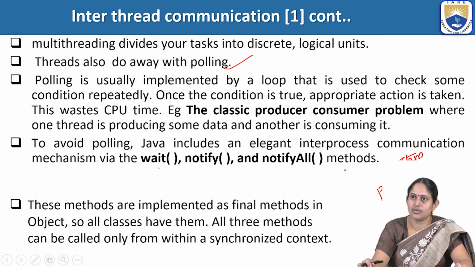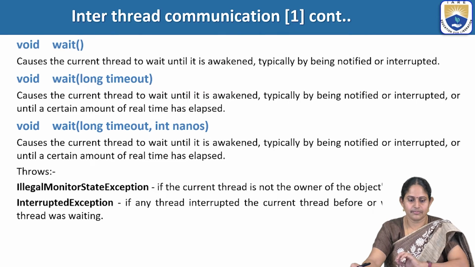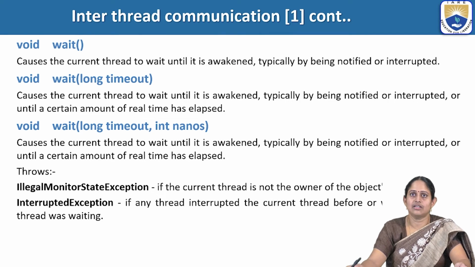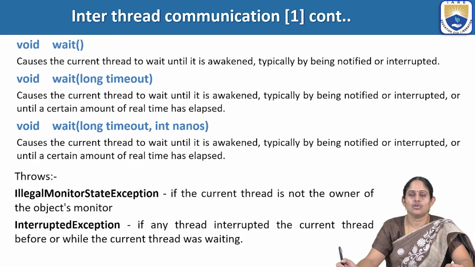This will happen in a loop, executing multiple times. We'll look into how that inter-thread communication is implemented. Let's look into the various methods used for inter-thread communication in Java.